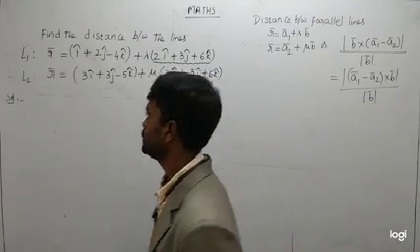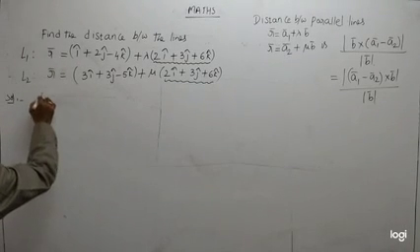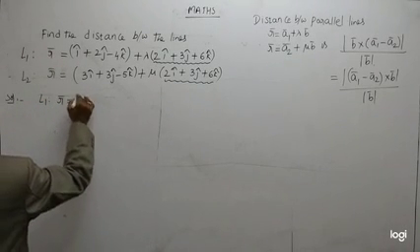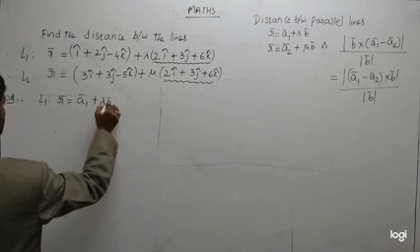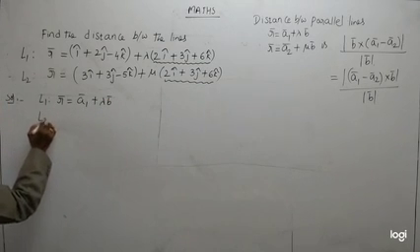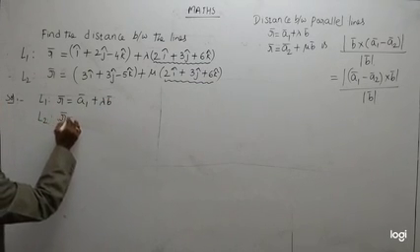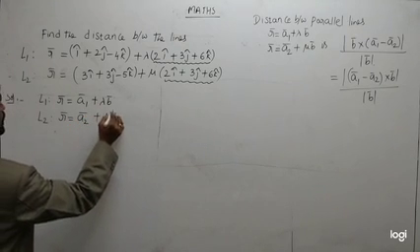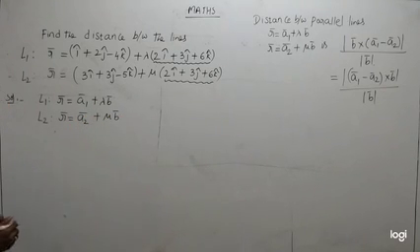So you have to compare the first line equation with what? R bar is equal to A1 bar plus lambda into B bar. And the second line equation you have to compare with R bar is equal to A2 bar plus mu into B bar. If you compare, what will you get?